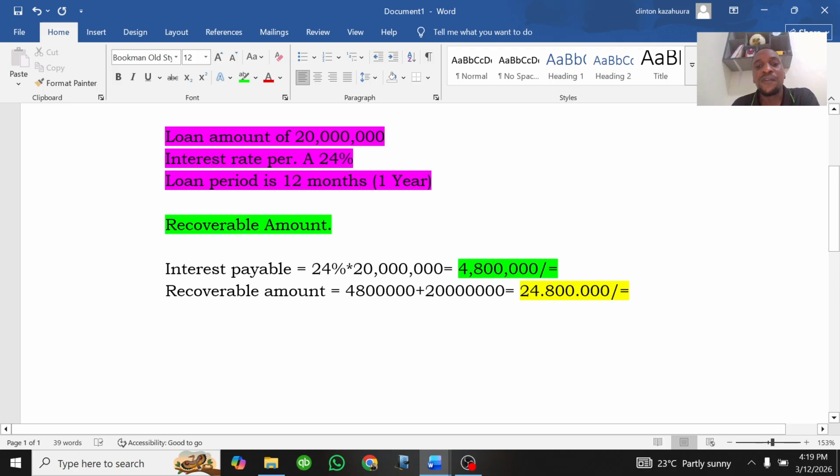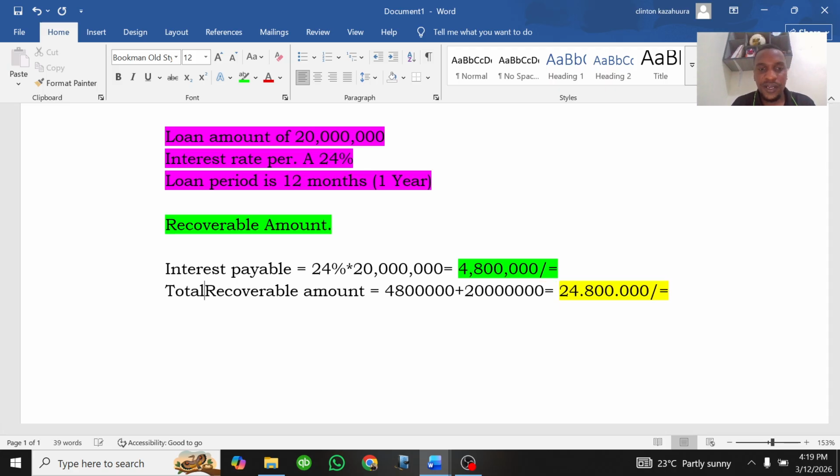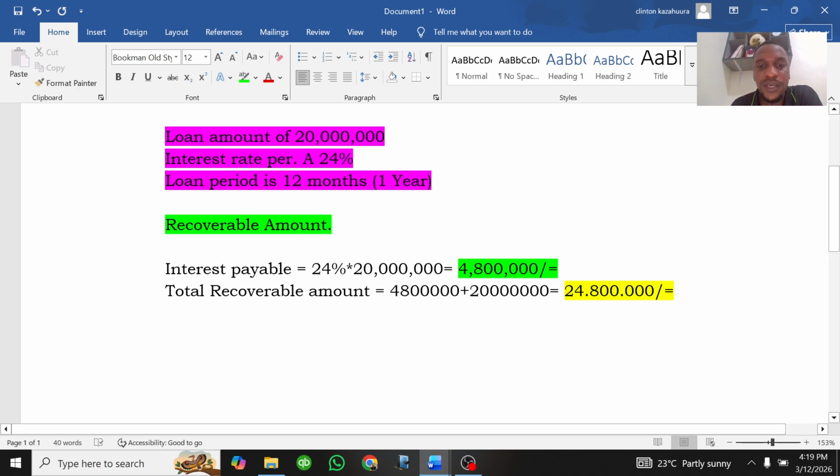Okay, so the total recoverable amount would be this 4.8, which we are going to pay as interest, plus the loan amount, which we are calling the loan principal. So we add the two, it becomes 24.8. So at the end of this 1 year, the bank expects to recover 20 million plus 4.8 million as interest.